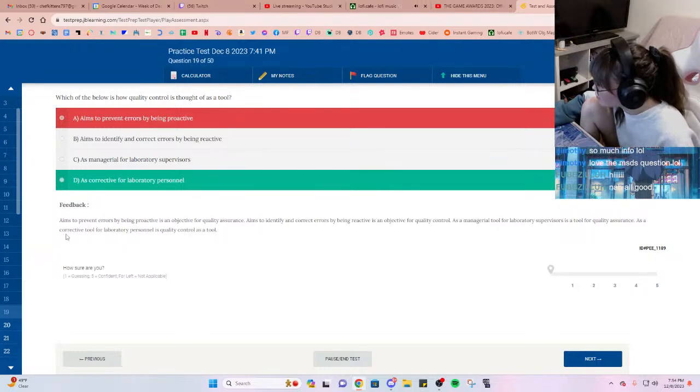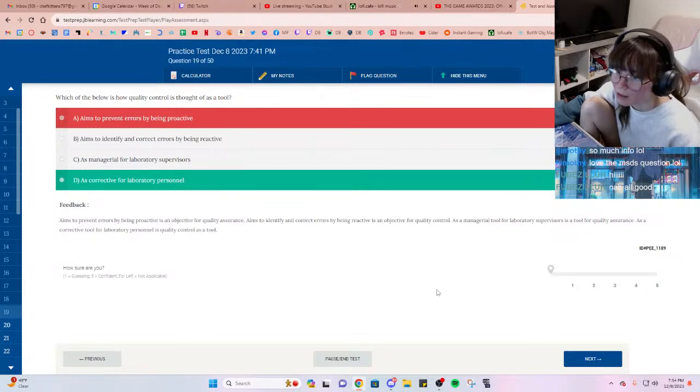As a corrective tool for laboratory personnel is quality control as a tool. That's so dumb. What kind of question is this? I hope I don't get this question on the test. But okay, as corrective for laboratory personnel is the tool.